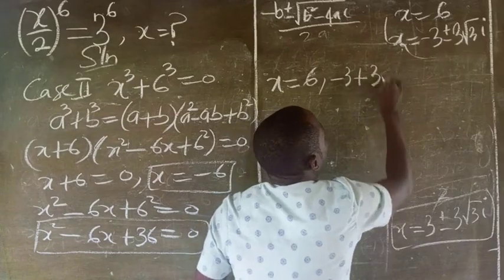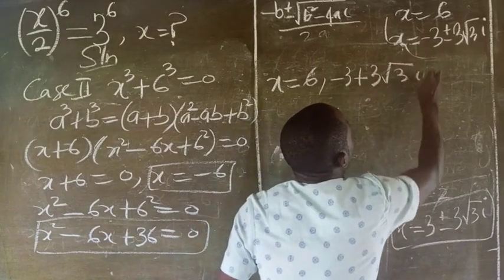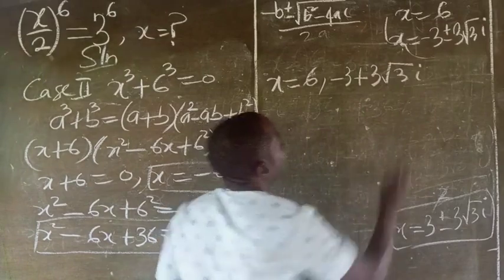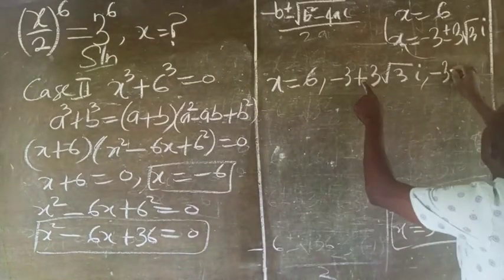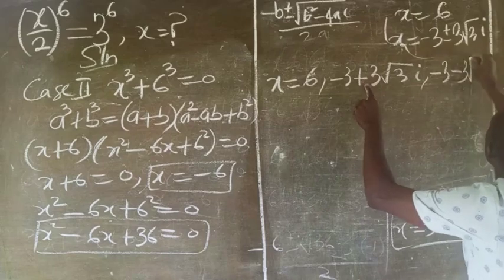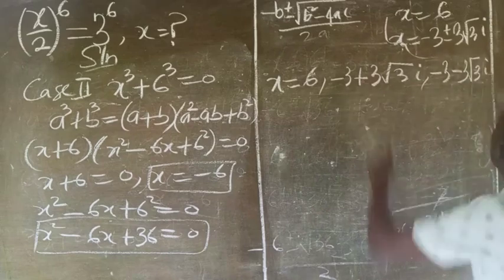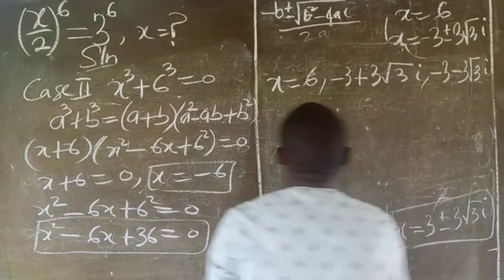So the 6 values of s become: s equal to minus 6, the first one we got, and minus 3 plus 3 root 3 i is the second one, and minus 3 minus 3 root 3 i the third one, for the first case.